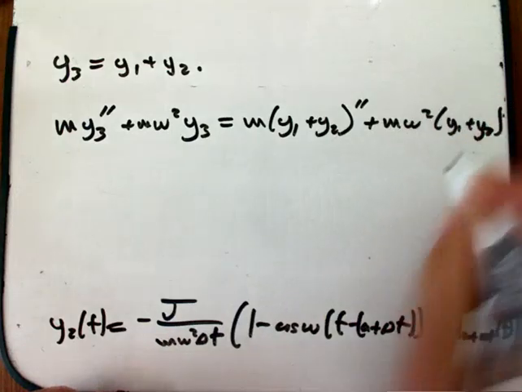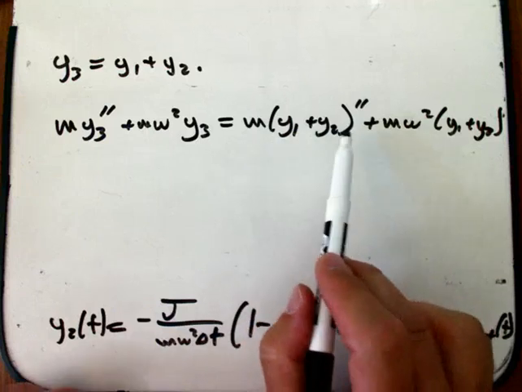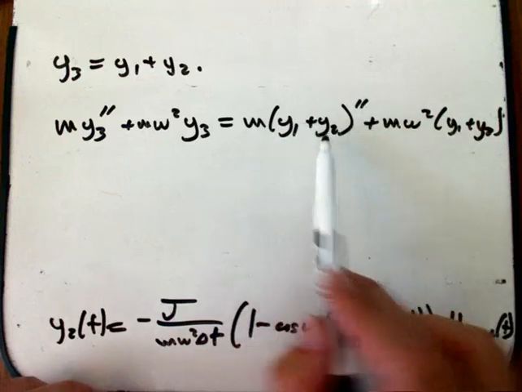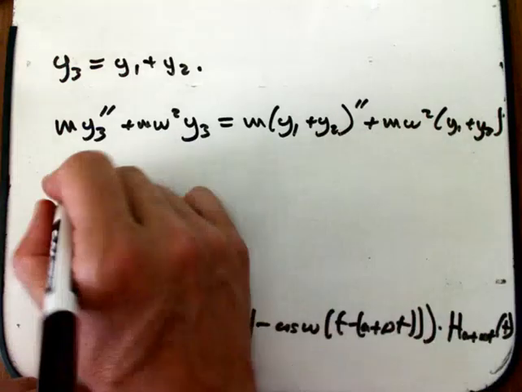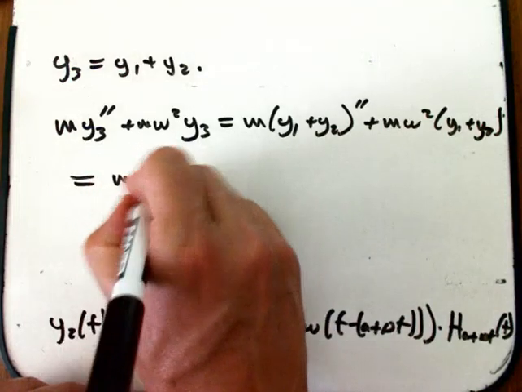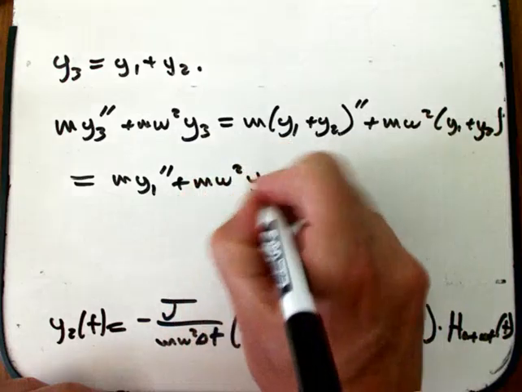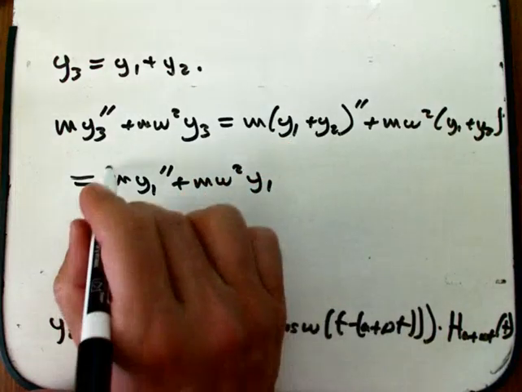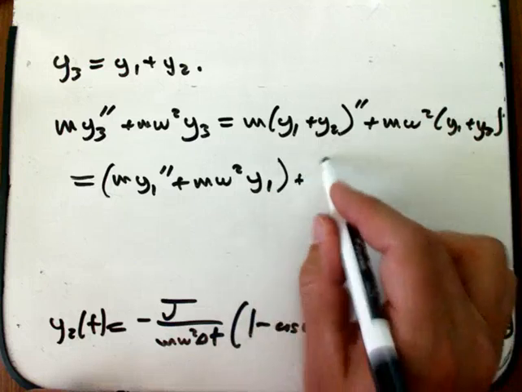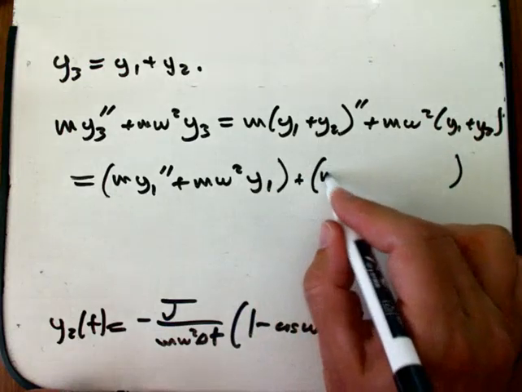And the key is that all I'm doing is taking derivatives, which is a linear operation. The derivative of a sum is the sum of the derivatives, multiplying by scalars and adding. And so I can regroup it as this same operation, this same combination of y and its derivatives, applied to y1. I'm going to put in a somewhat unnecessary parenthesis for emphasis.